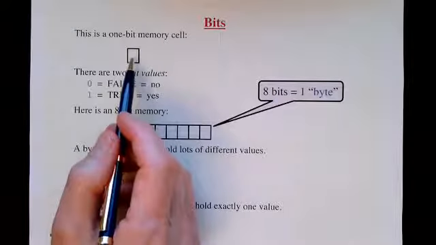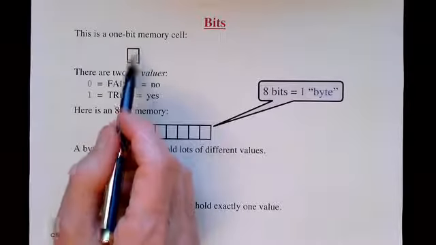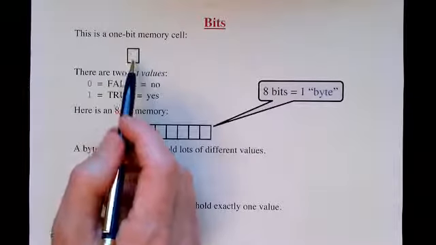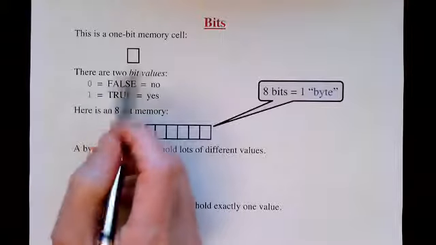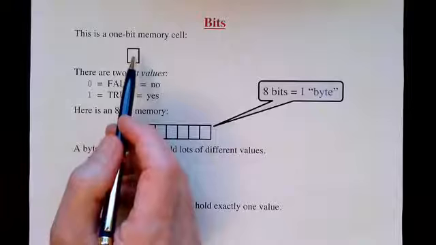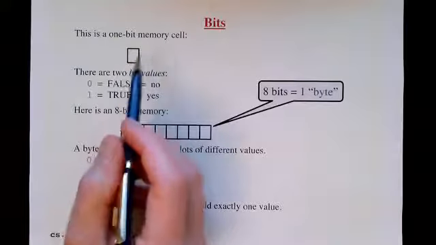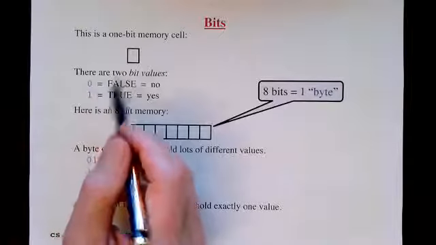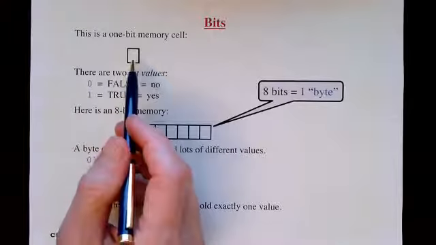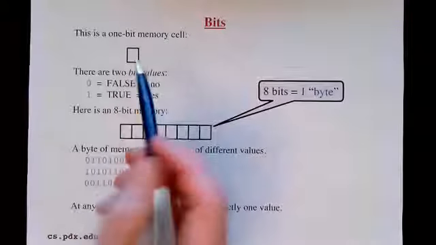I've tried to indicate the memory cell with a rectangle here. And the idea is that this rectangle, this cell, is big enough to hold either a 0 or a 1, but not both. So it can have exactly one of 2 values in it. The 2 values are the 2 bits 0 and 1, and at any one time this box will contain either a 0 or a 1, but not both.